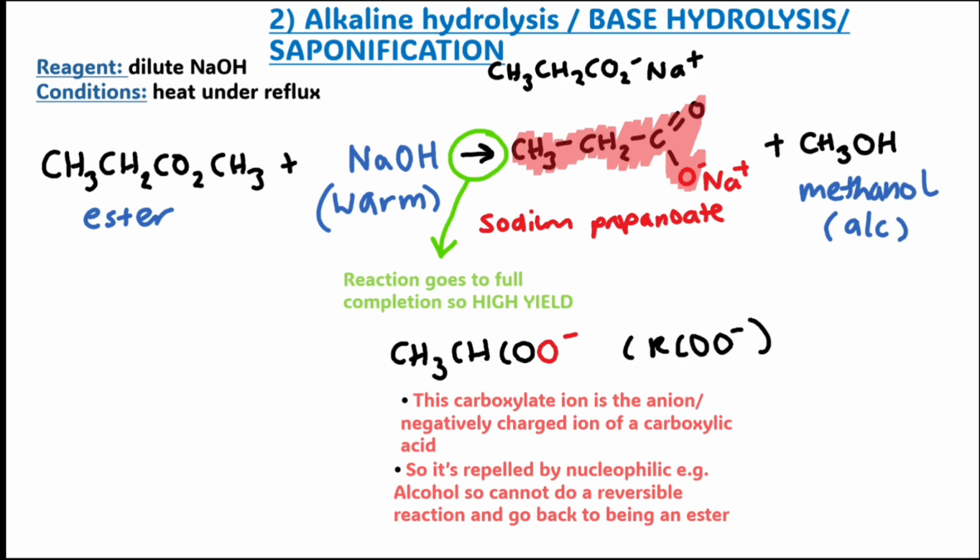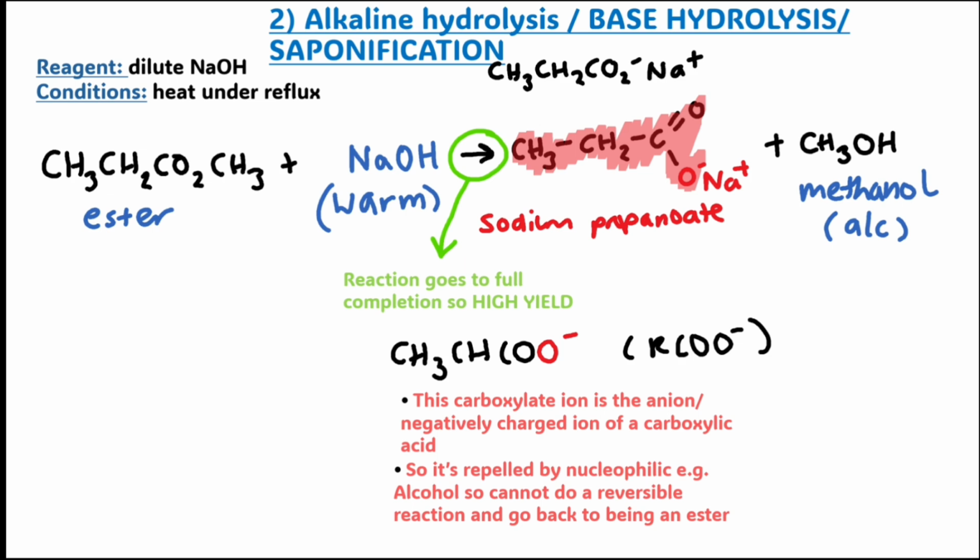Remember when I said before, alcohols only have one OH group, meaning it can form one hydrogen bond, therefore it's weak, so it's also a weak nucleophile. Since this carboxylate ion is resistant to being attacked by these weak nucleophiles, the reaction is not reversible, therefore it cannot react. It's like this carboxylate ion is rejecting it, like, I don't want you, get away from my life.